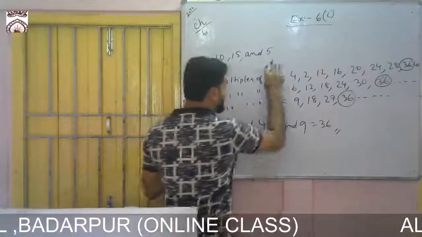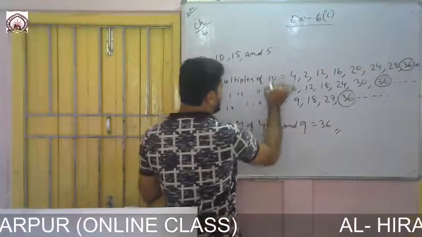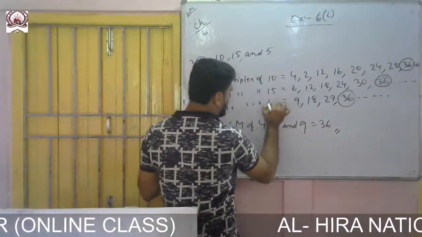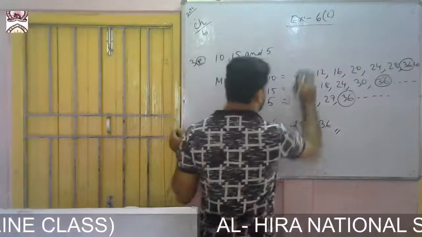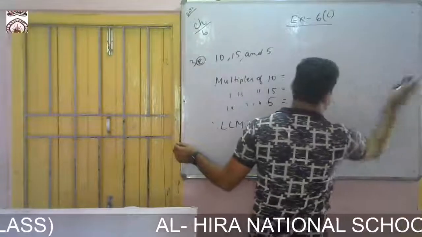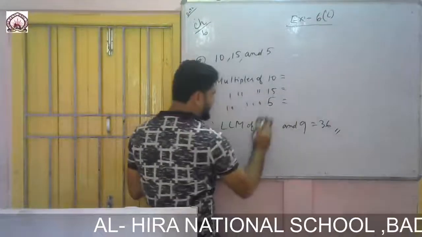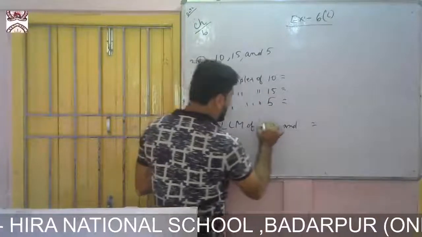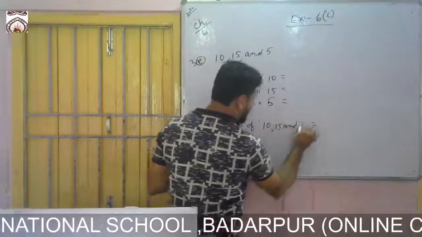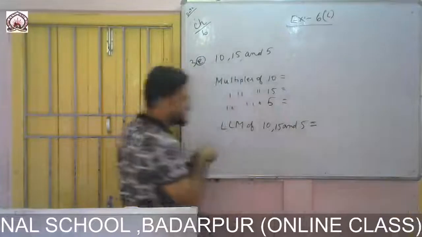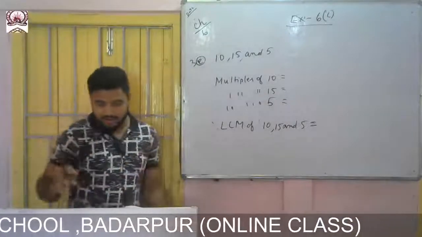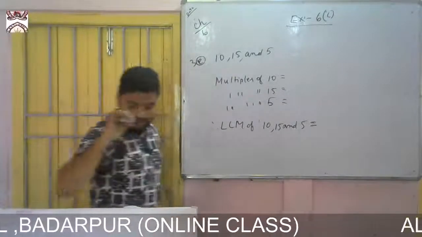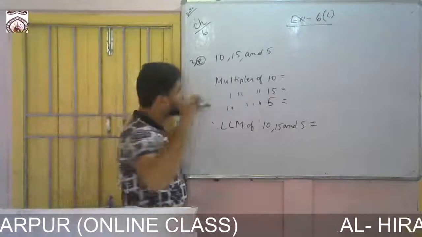So let us write the multiples of 10, 15 and 5.